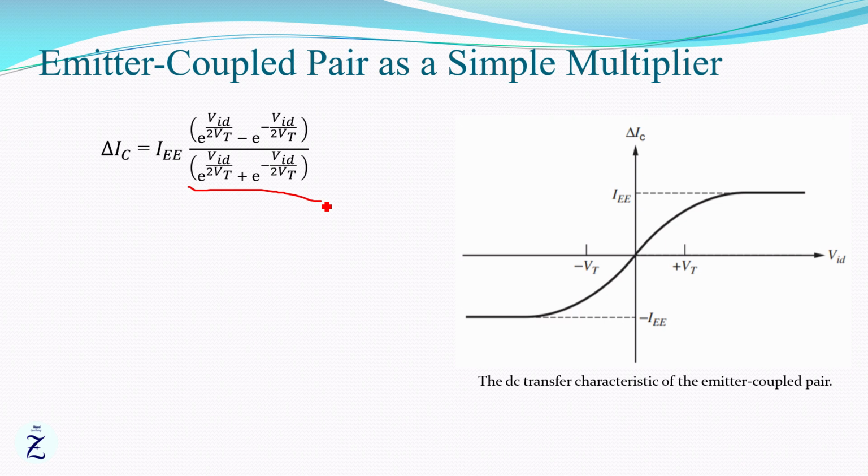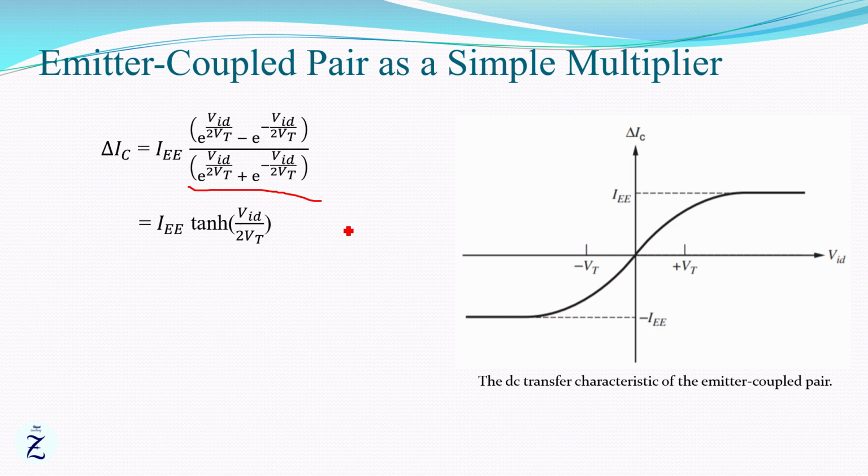This term is the expression for the tan hyperbolic function, that is tanh of x is equal to e raised to x minus e raised to minus x divided by e raised to x plus e raised to minus x. Then the equation can be written as delta IC is equal to IEE into tanh of VID divided by 2VT.